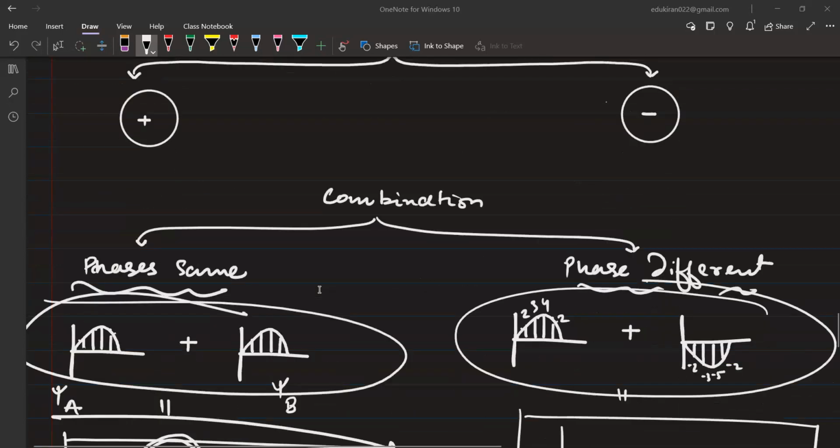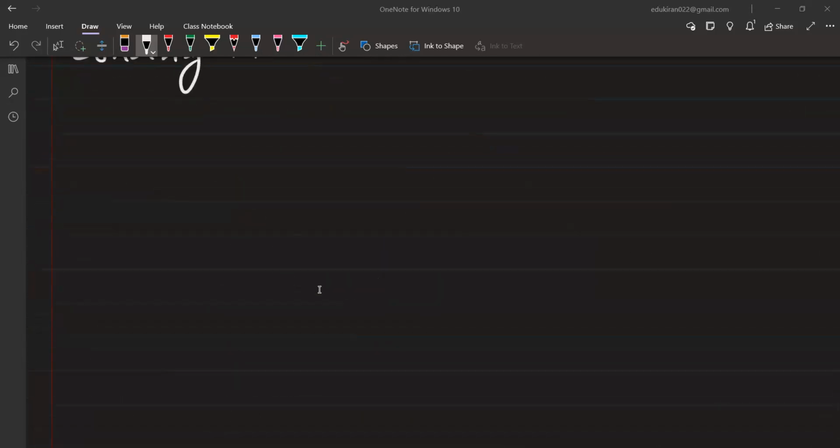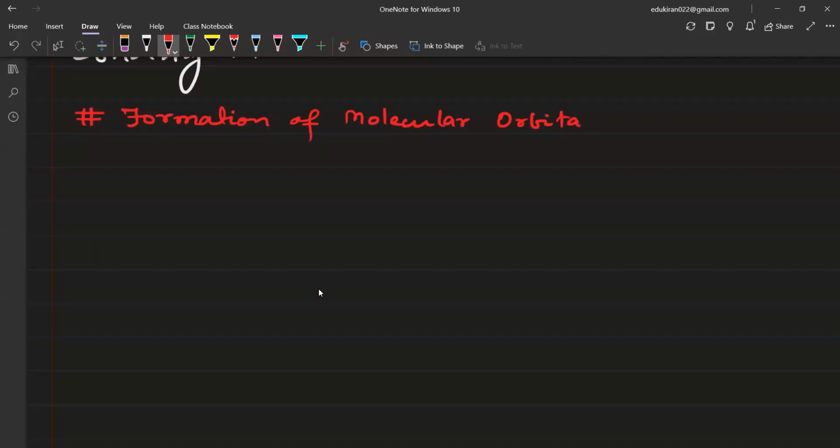So right next, write this down, please read. Formation of molecular orbitals.